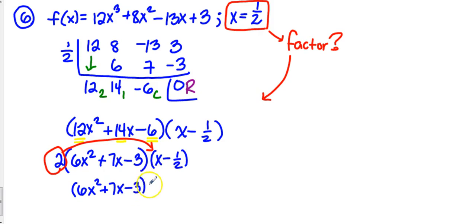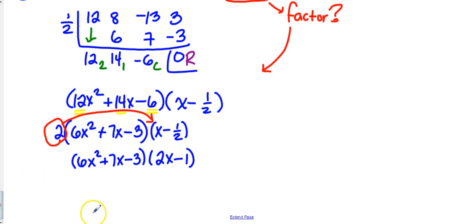So this second factor becomes 2x minus 1. So we factored out the GCF from this quadratic, which was a 2, and then we multiplied that 2 through this second factor, resulting in 2x minus 1, which is a much nicer factor to be working with.